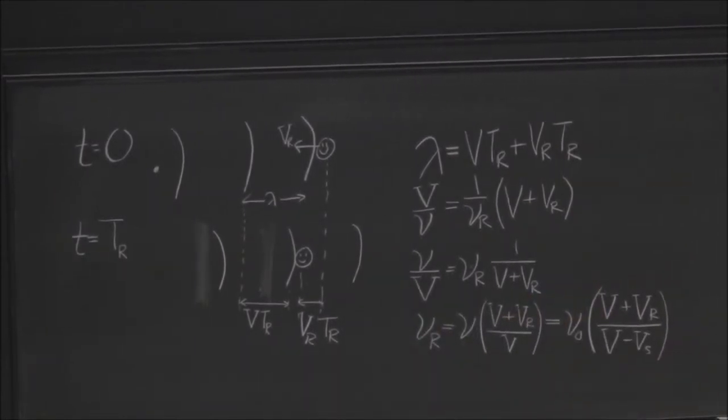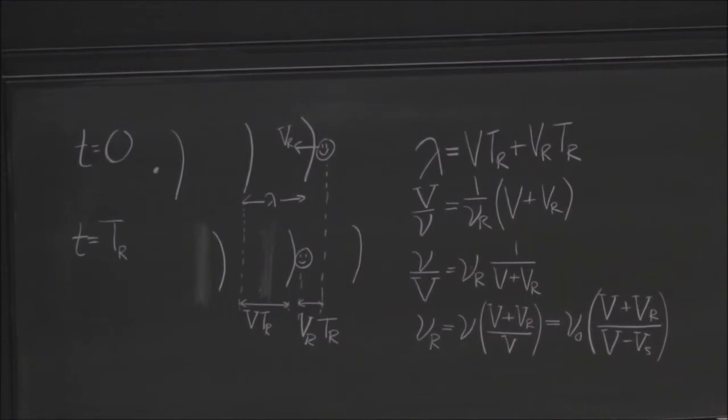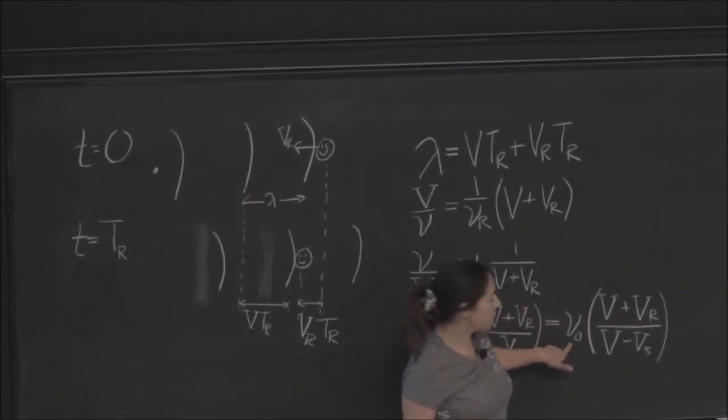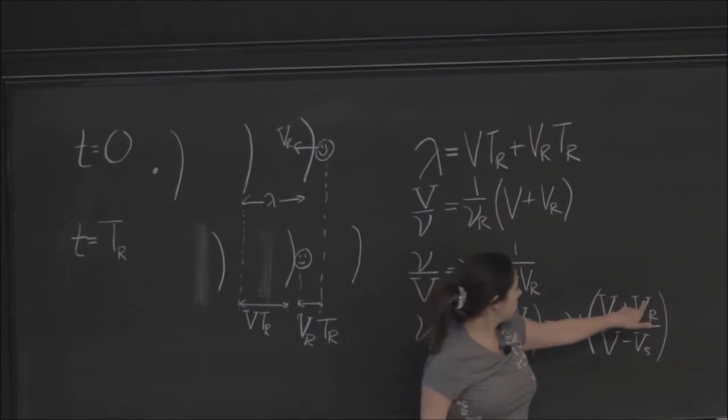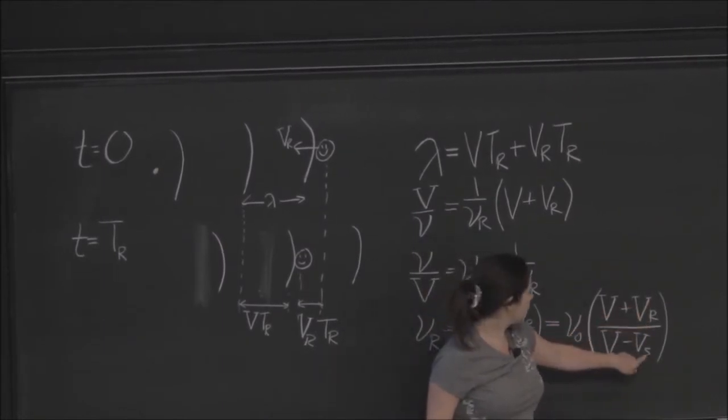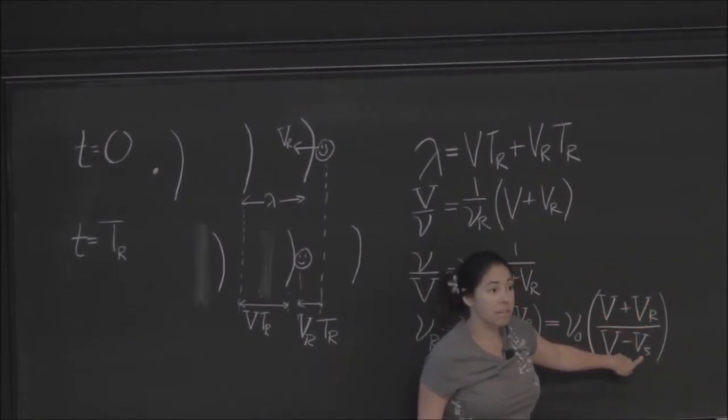Is this for the person moving and the source moving? Yes. Very good. So this is the frequency that will be heard by the listener. This part is if the listener is moving, and this part is if the source is moving.